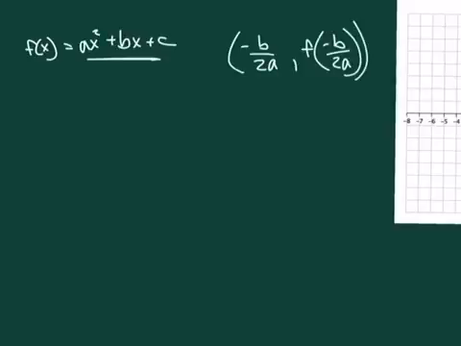So let's go look at an example here. If we have f of x equals, that doesn't look very clear, does it? That should be a minus 47.